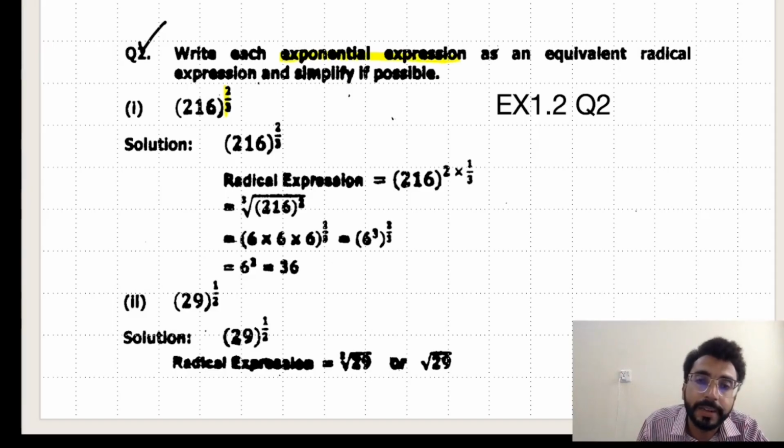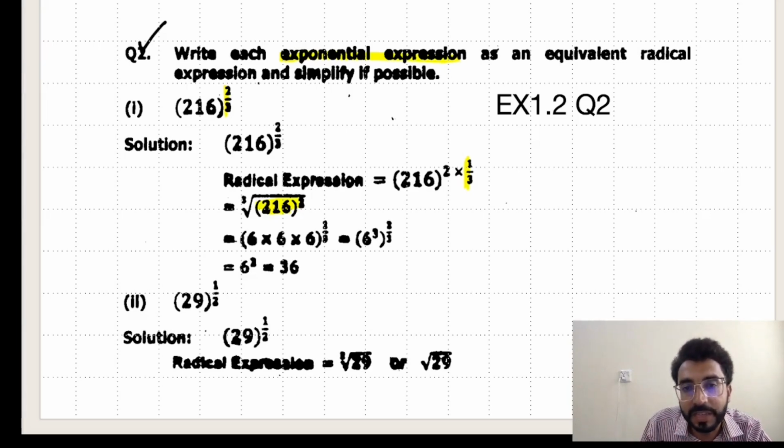We can write 2/3 as 2 multiply 1/3. So 3 becomes our index. ठीक है? And this becomes our final radical form. Radical form क्या बनेगी? 2 into 216 square और cube root. So cube root of 216 square.